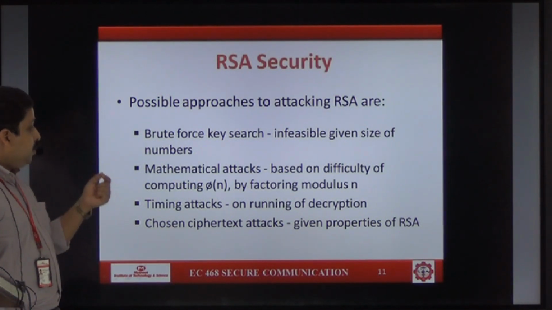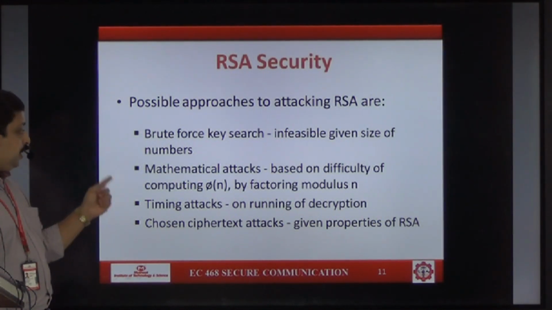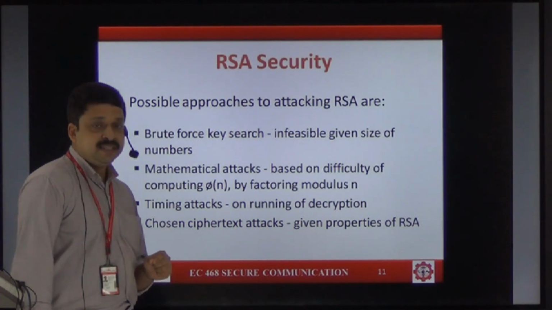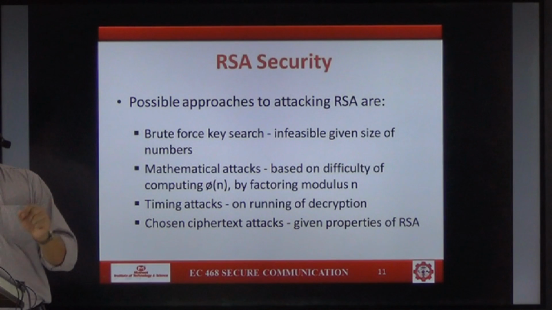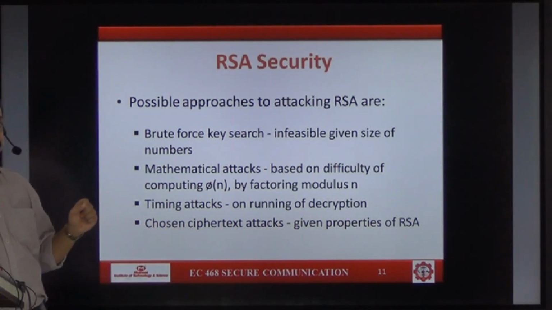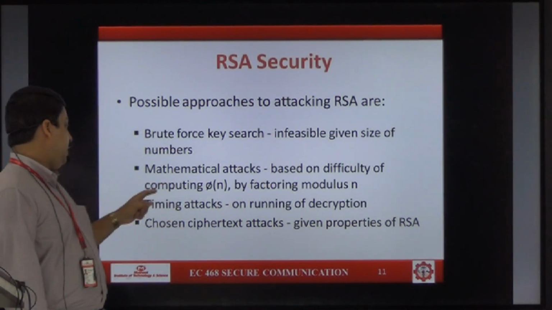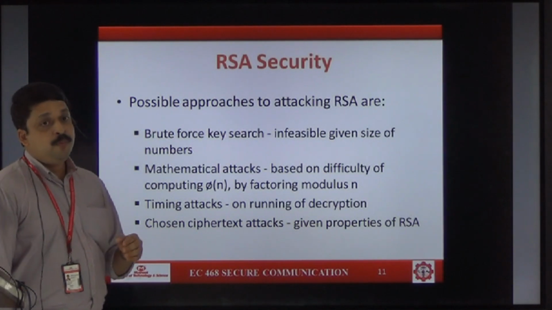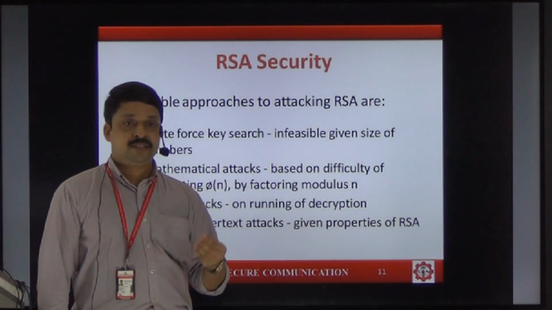So the security relies on the difficulty of computing phi of n by factorizing modulus n. That is, first we need to find out P and Q by factorizing n. Then only we will be able to find out phi of n, that is P minus 1 into Q minus 1. Then another type of attack is timing attacks, that is how much time the decryption process takes.